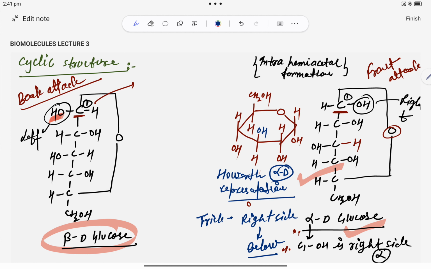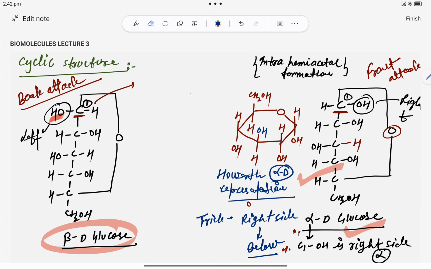Once the cyclic structure of glucose is clear, so now, what about carbon number 1, 2, 3, 4, and 1, 2, 3, 4, 5?